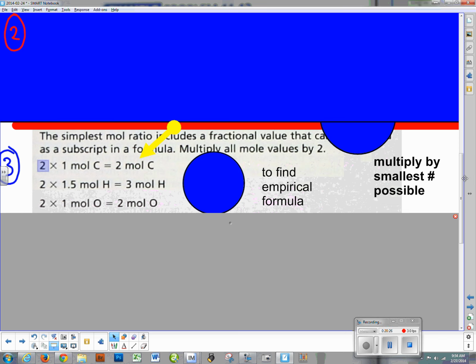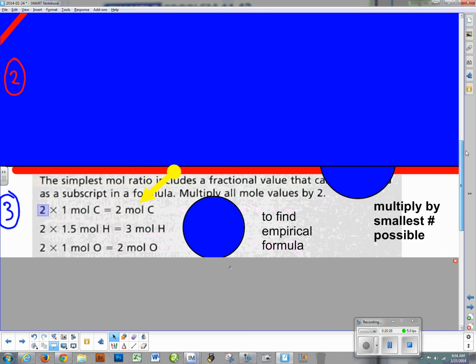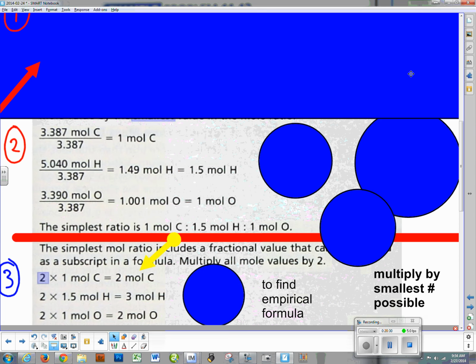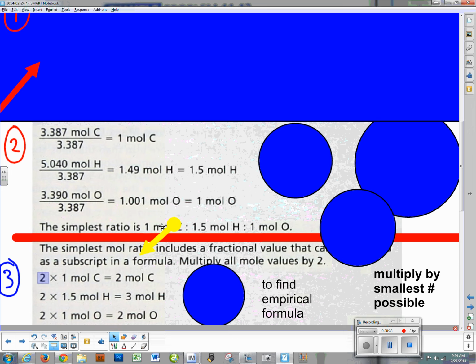And that's what makes it so nice when you have these guys as whole numbers in the last section here. Now, let's get this back up so we can see this. We want to look back at this now. You see these guys were 1 to 1.49 to 1. And you can't change this guy without changing these, or you'll have a different ratio. It won't be 1 to 1.49.